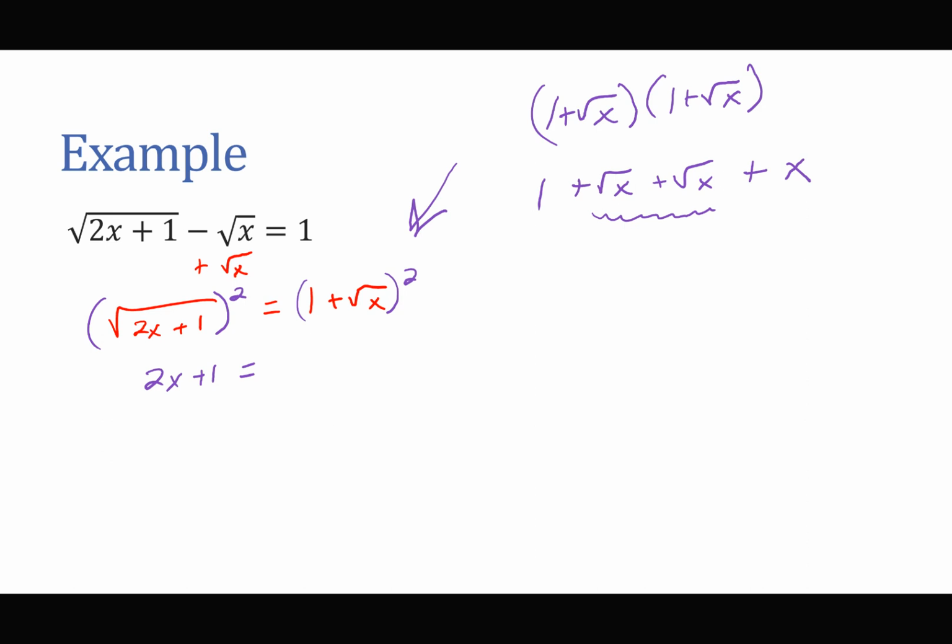These two I combine. If I have 1 apple and I add another apple, I have 2 apples. If I have 2 root x's, or 1 root x plus another root x, I have 2 root x. So I have 1 plus 2 root x plus x. So this is 1 plus 2 square root of x plus x.